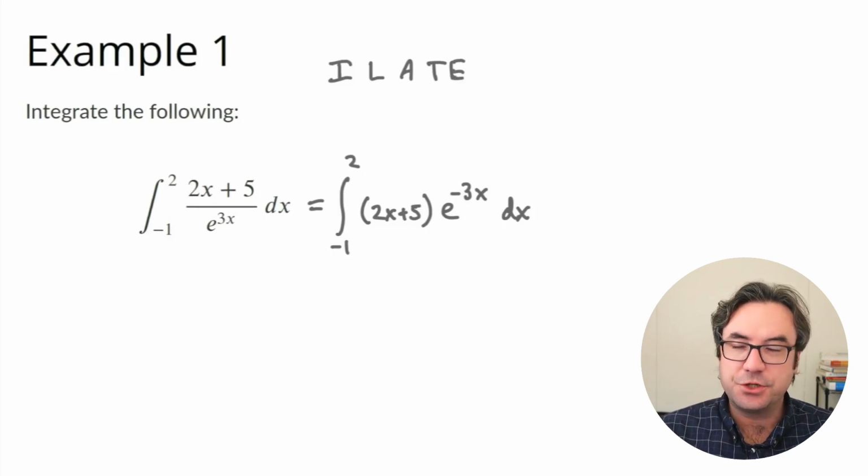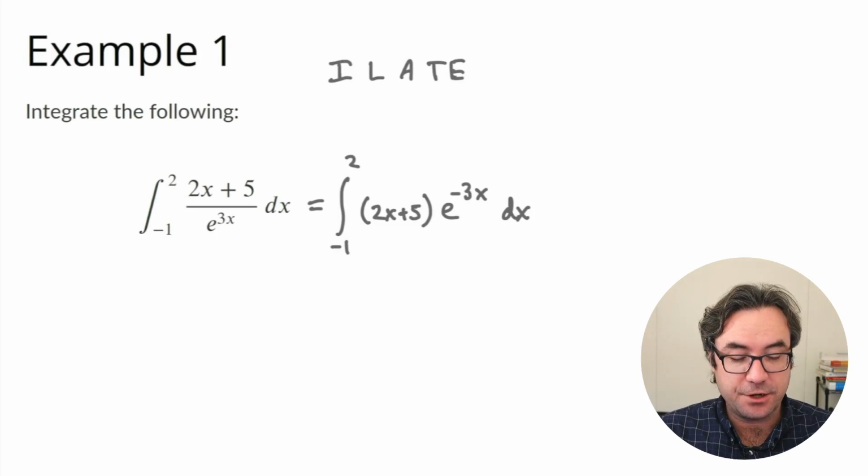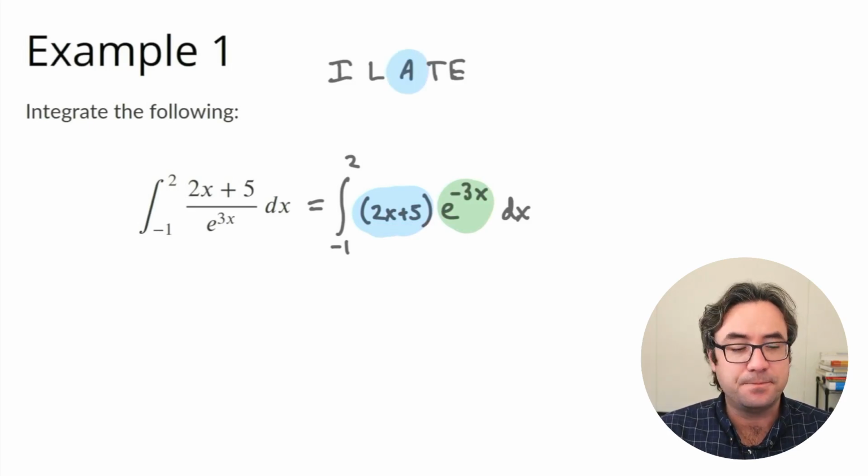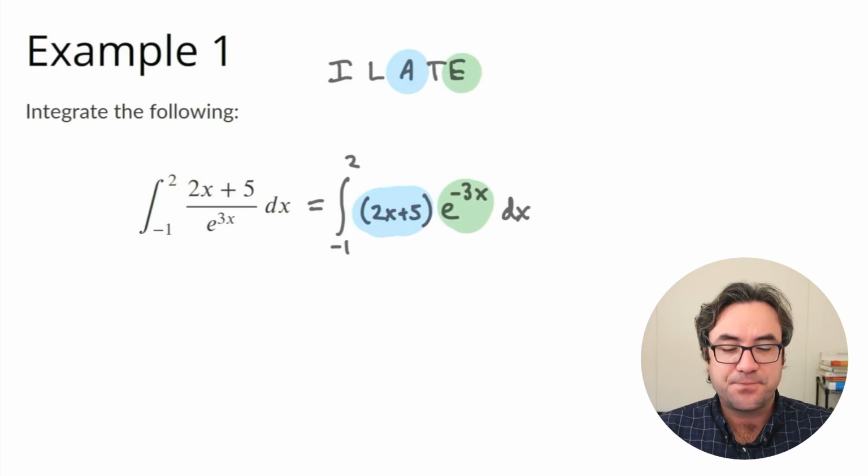And then we look at the different parts of our function. We have 2x plus 5 as one of the parts, and e to the -3x as another part. The 2x plus 5 is an algebraic function, a polynomial. And the e to the -3x is an exponential.